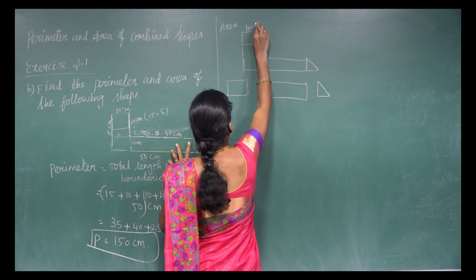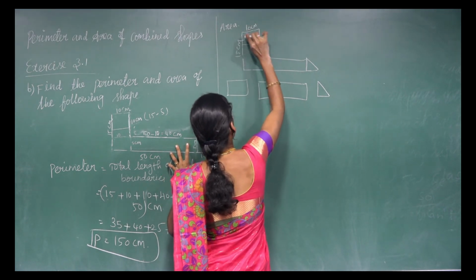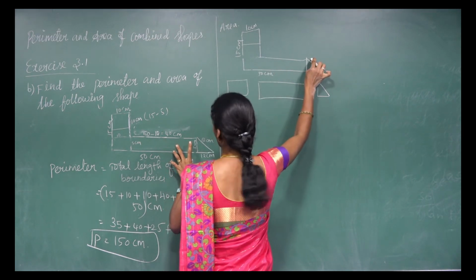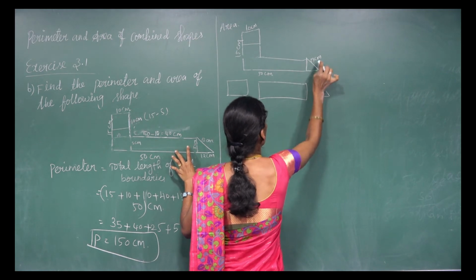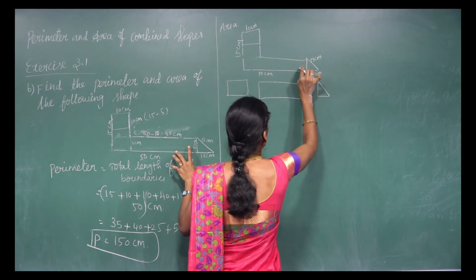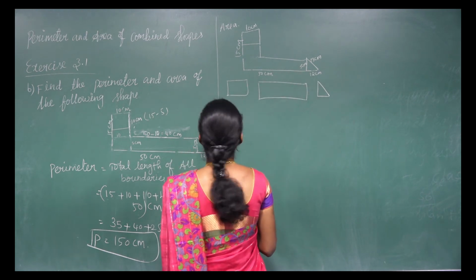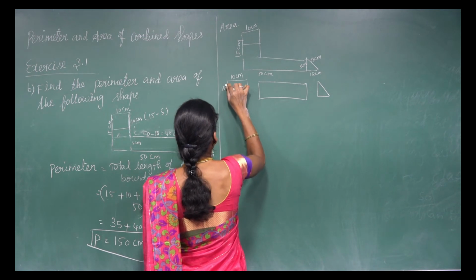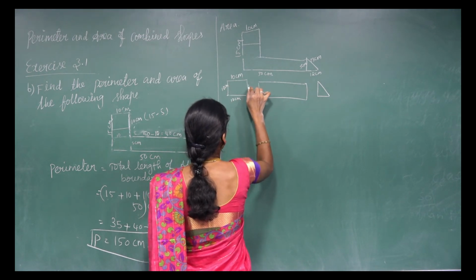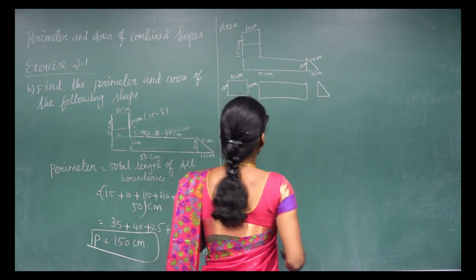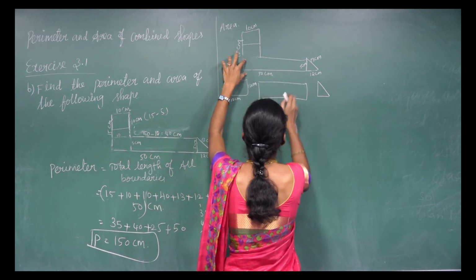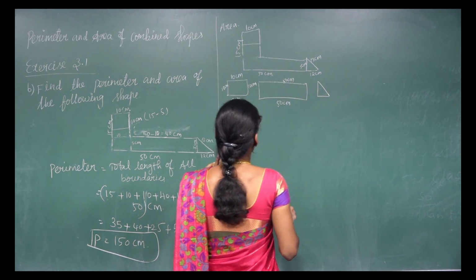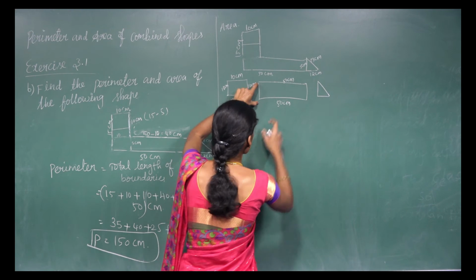Here 10 centimeter, here 15 centimeter, here 50 centimeter, here 13 centimeter, here 12 centimeter, here 5 centimeter. See, definitely here 10 centimeter means a square, all 4 sides are 10 centimeter only. Next, this area, the length is 50 centimeter, but the breadth is only 5 centimeter.